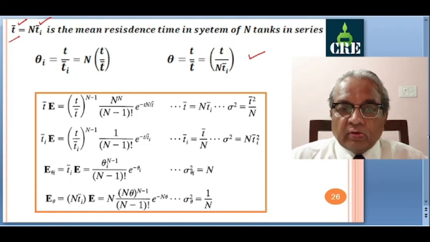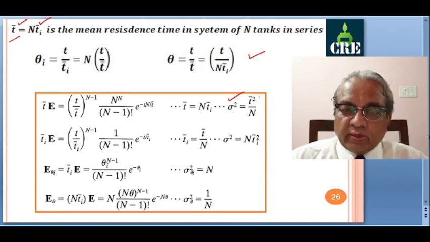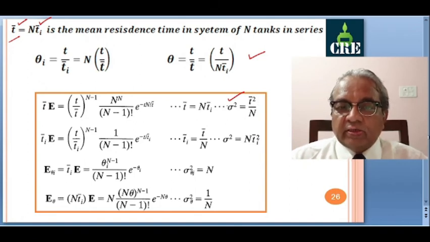Okay. T bar is n into Ti bar that we have substituted here, and this tells us that variance is T bar square by n. N is number of tanks. That means if you find mean time and variance from RTD studies, n is equal to T bar square by sigma square.